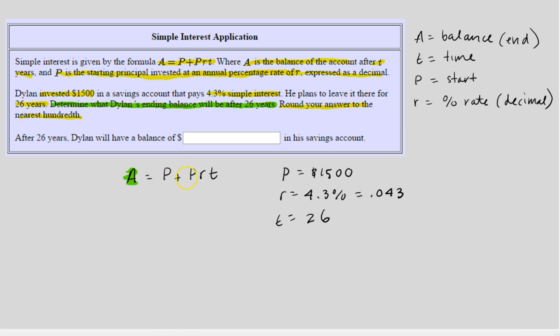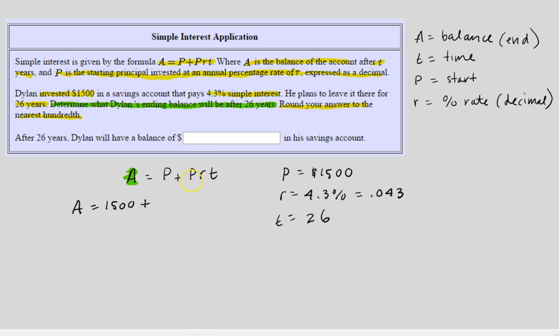So now we know the values of all the letters, and we're going to replace them in this formula in parentheses when necessary. So first I have 1,500 for P. So I replace that P with 1,500. And I didn't put it in parentheses this time because it's by itself. But I'm going to put these ones in parentheses because they're written next to each other.